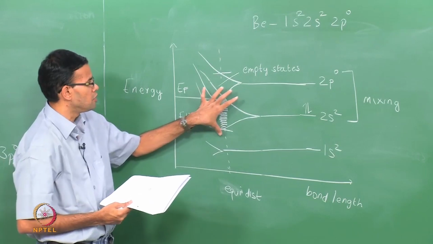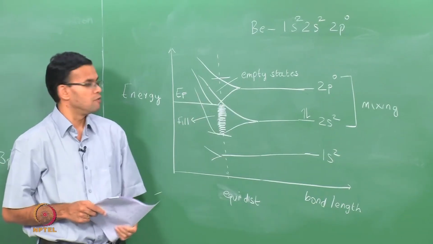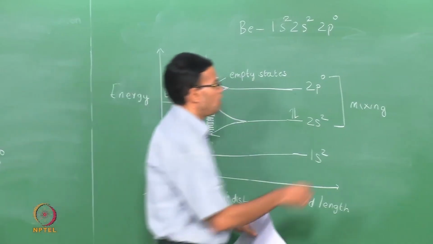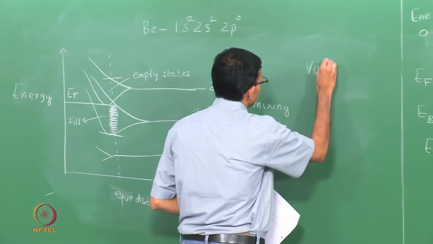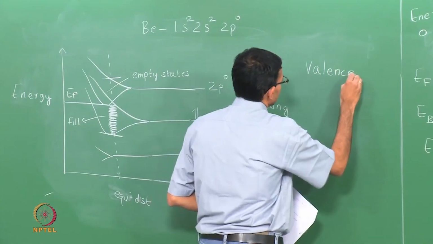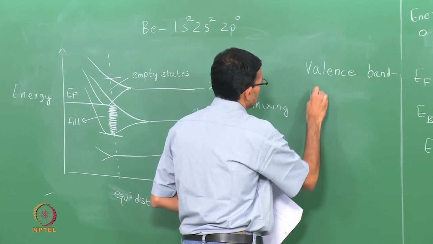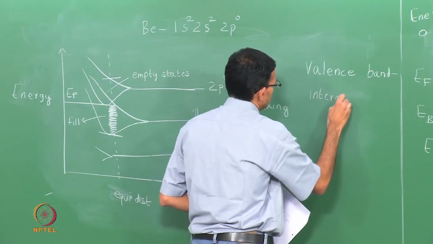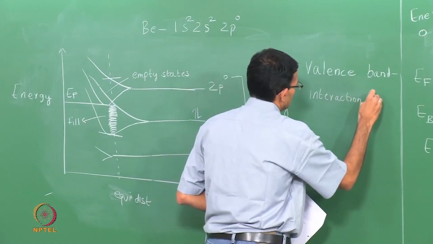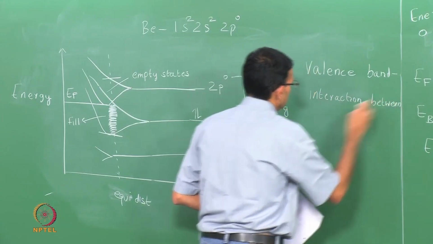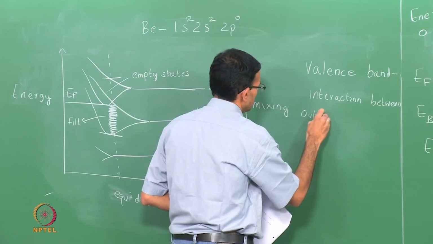This band, which is caused by interaction of the electrons in the outermost shell, is called the valence band. It is caused by the interaction between the outer shell electrons.